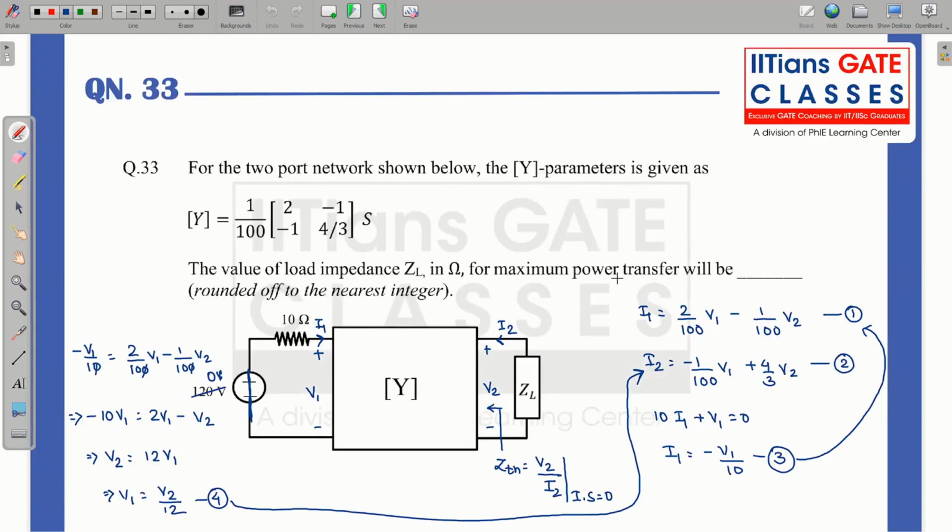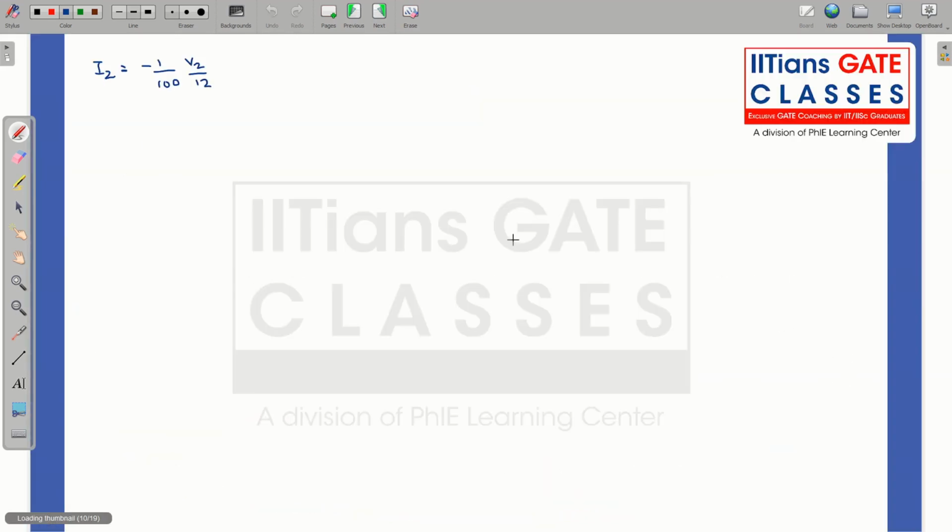Plus 4 by 3. Okay, so I think I have missed 100 over here. So this was minus 1 by 100 into V2 by 12, plus 4 by 3 into 1 by 100 V2.